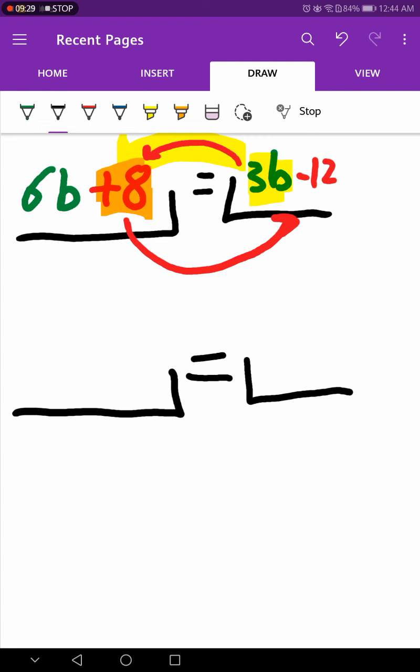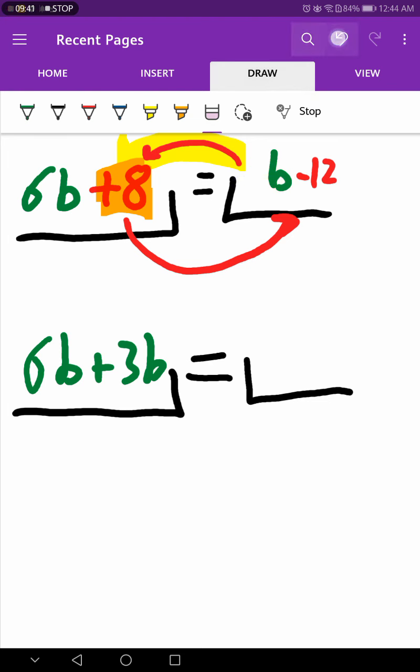See, when I move the 3b to the left side, it will be 6b plus 3b. But teacher, it is positive here. Sorry. So yes, it will be negative. Okay, my dear student, it will be negative.